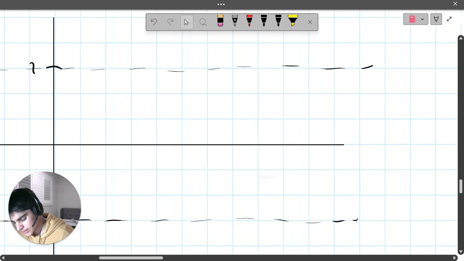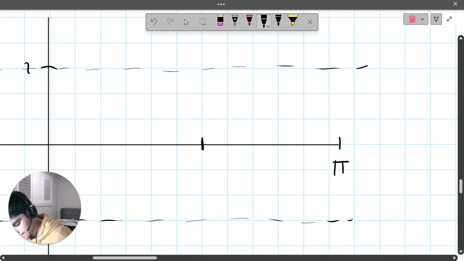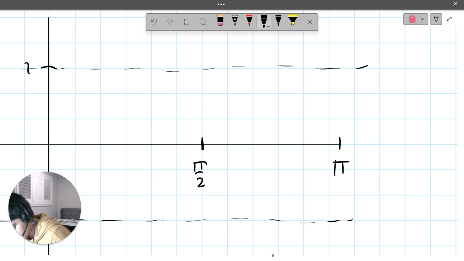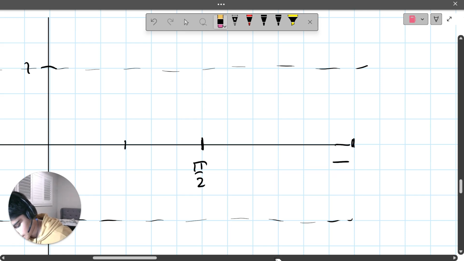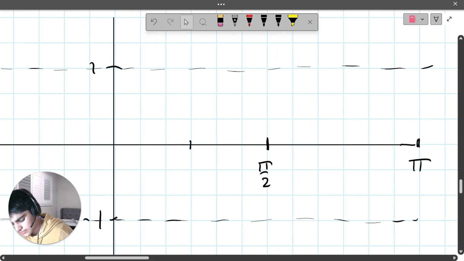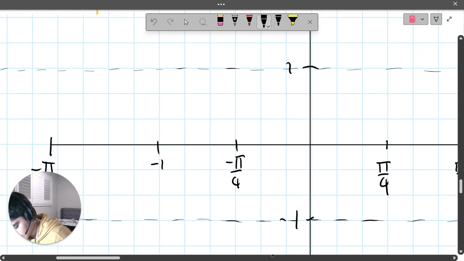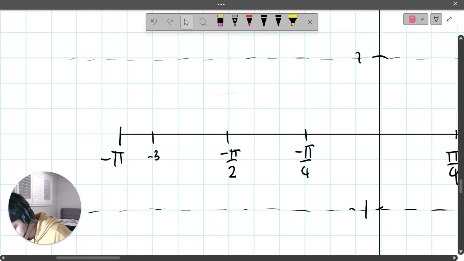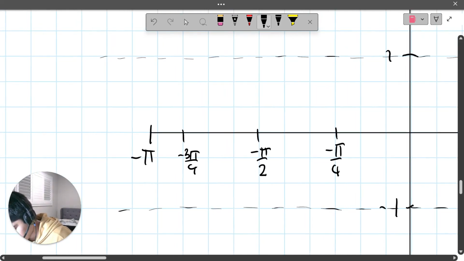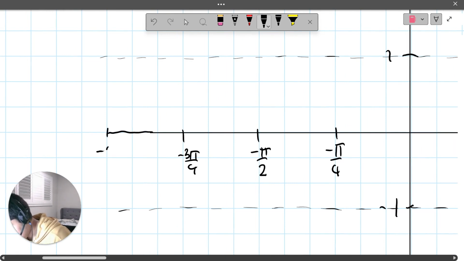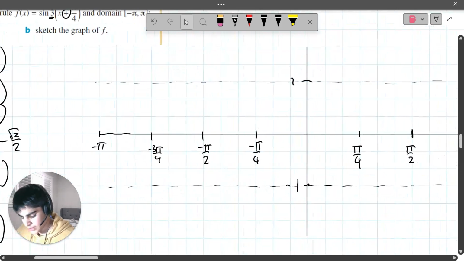Negative pi on 2, pi on 4, negative pi on 4, negative pi on 2, negative 3 pi on 4, negative pi, negative pi on 4.